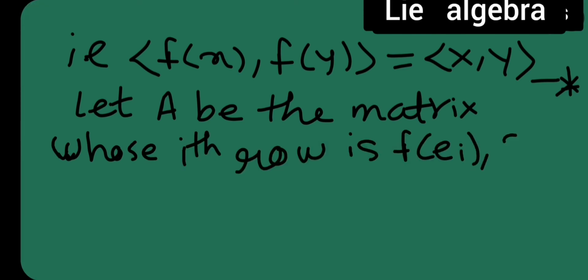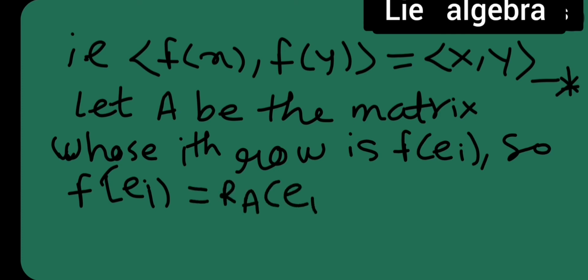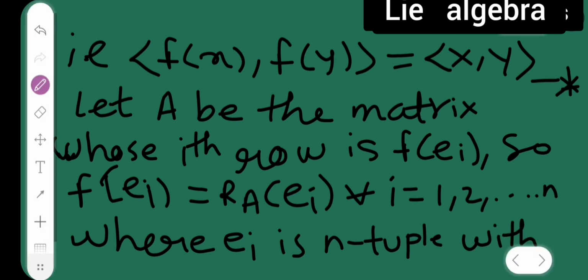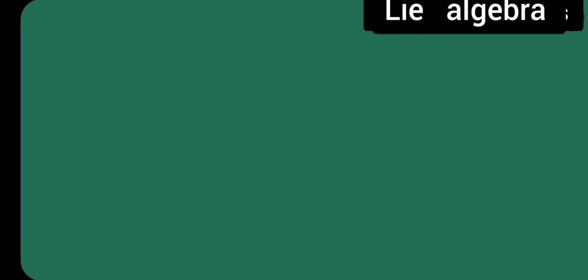So f of e_i is equal to R_A of e_i for all i equal to 1, 2 up to n, where my e_i is the n-tuple with ith entry 1 and other entries 0.